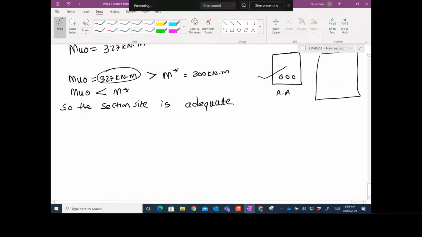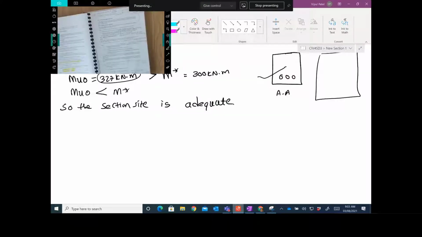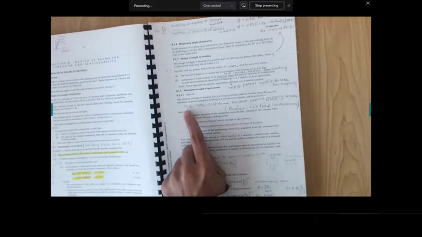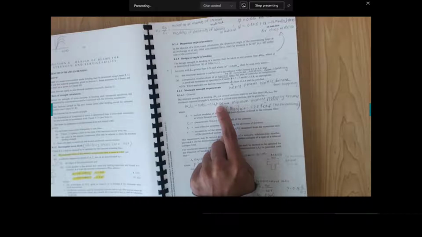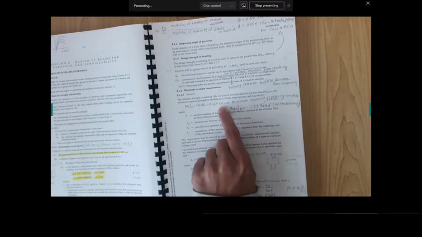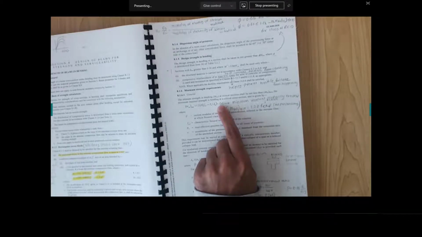Now the second check I would like to show you is the minimum moment requirement. If you go back to the standard, in clause 8.1.6 you will see the minimum strength requirement. They have an equation for it. PE is the total effective prestress force, so we are not working with prestress, so PE equals 0.